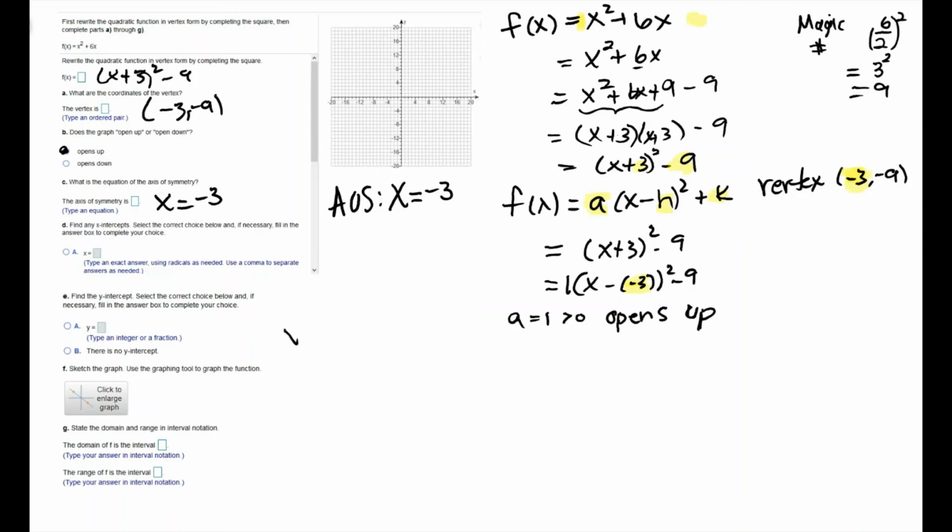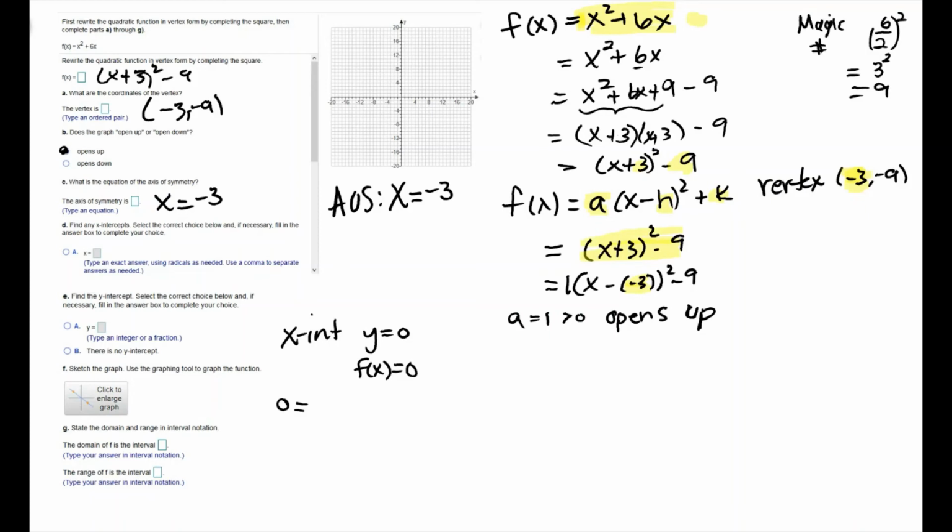So you find an x-intercept by letting y equal 0. We're going to let f of x equal 0. And you can do either the original function equal to 0, or you can do your vertex form equal to 0.